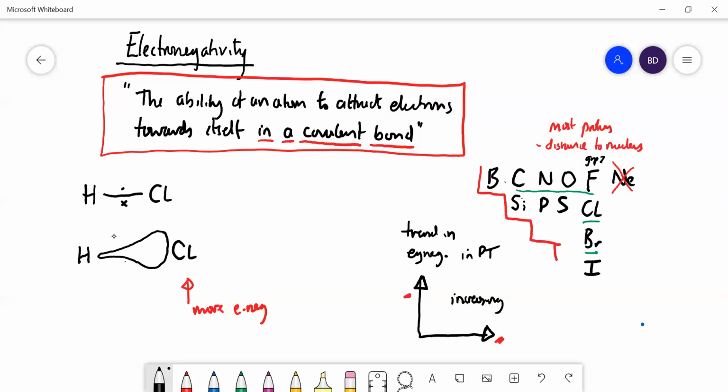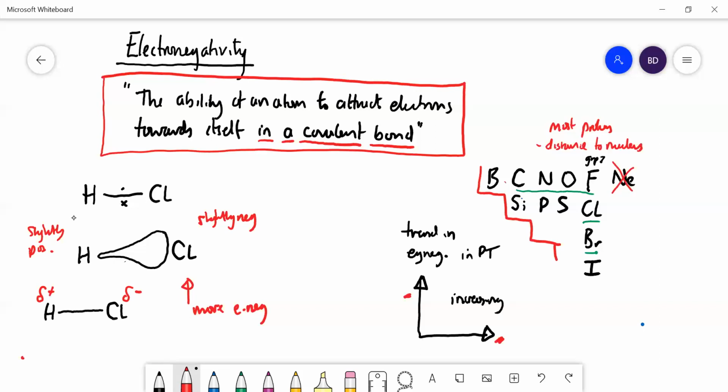That would mean this end of the molecule, the chlorine end, is slightly negative. You've got more negative charge at this end compared to the amount of positive charge, so this end would be slightly positive. The way we show that normally is not by drawing the electron density, but by putting a little delta minus and delta plus.